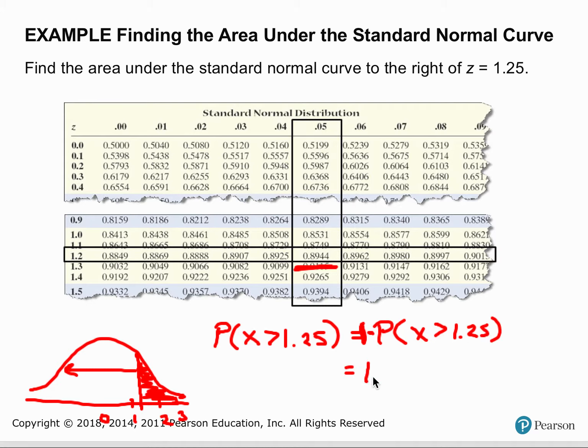So that's 1 minus the 0.8944. Okay, 1 minus 0.8944 is 0.1056. So pay attention to if we want the right or the left. Okay?